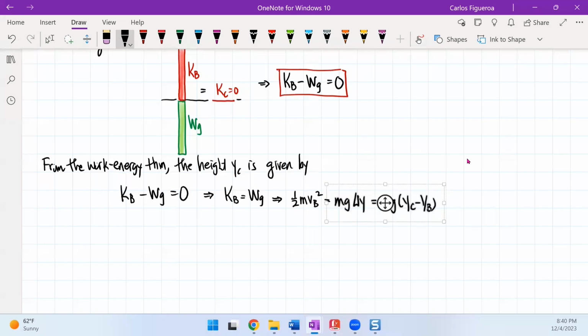And when you look at this, once again, you can see that the mass cancels out. So now, isolating YC, we can see that YC is going to equal YB plus VB squared divided by 2g.